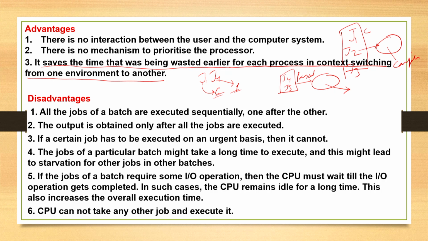What are these? All the jobs of a batch are executed sequentially, one after the other. The output is obtained only after all jobs are executed.